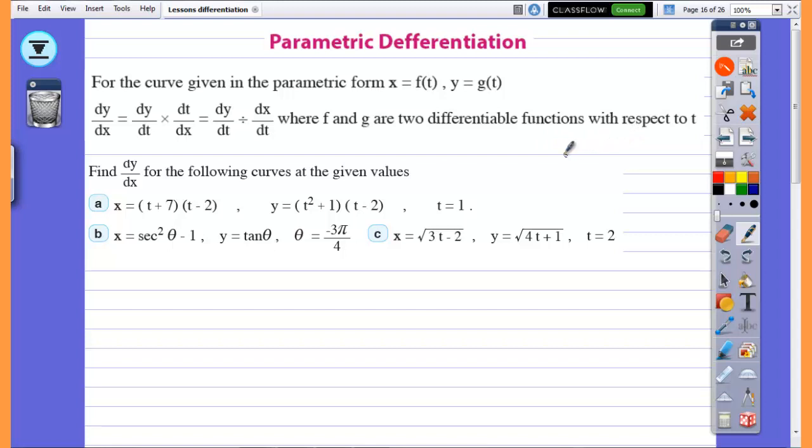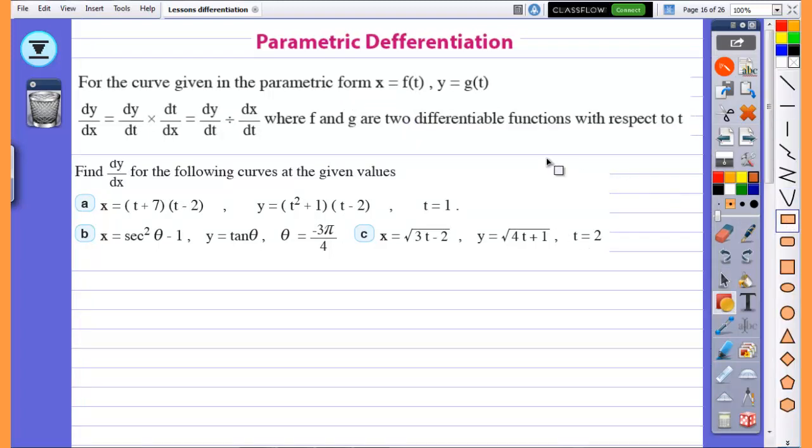What does that mean? If we have a curve defined by these two equations, x equals f of t and y equals g of t, these two equations represent the equation of the curve, but we want to calculate dy/dx.